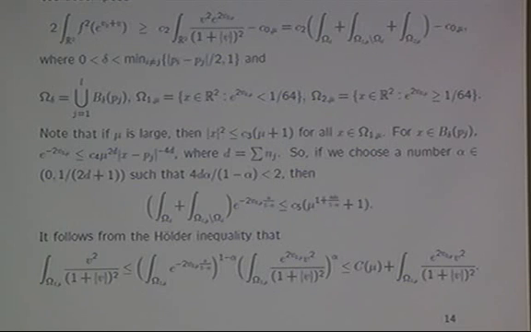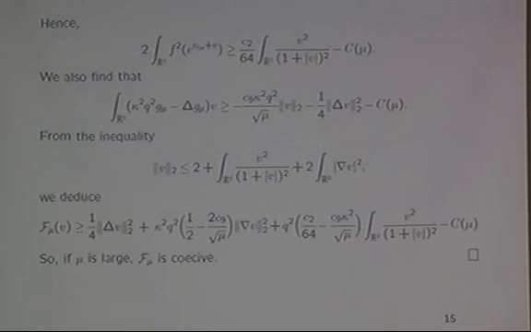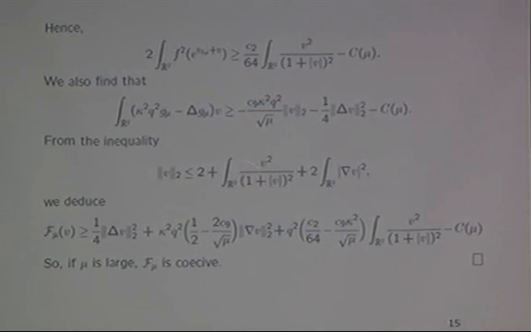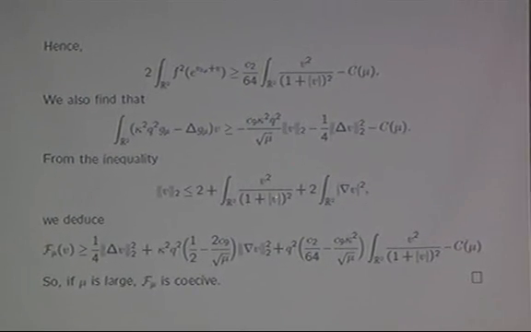To do this, we will use this inequality. Actually, we can find this inequality from the well-known inequalities. The integral of v squared is decomposed into v times v divided by this quantity, and v times this quantity.